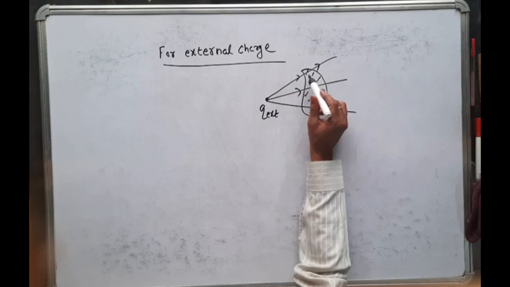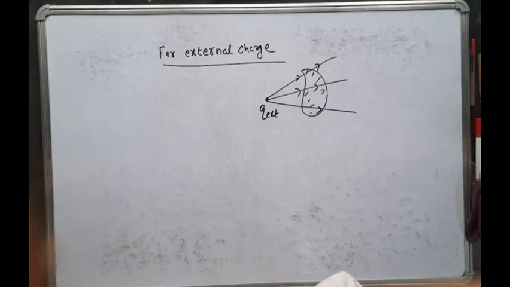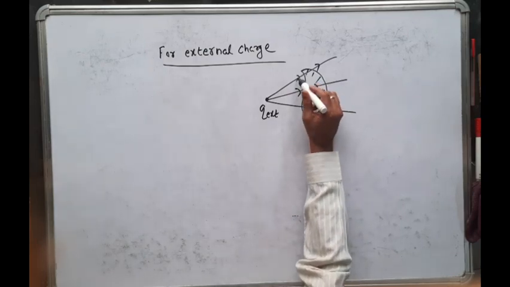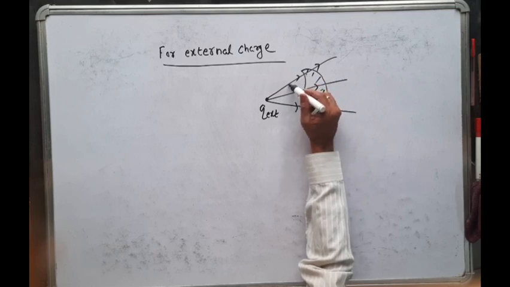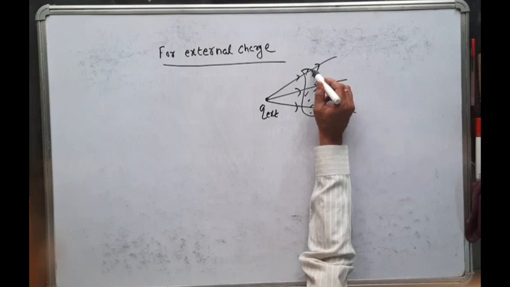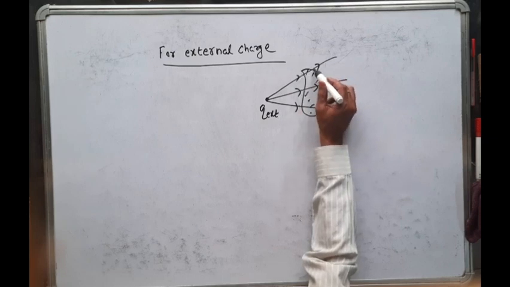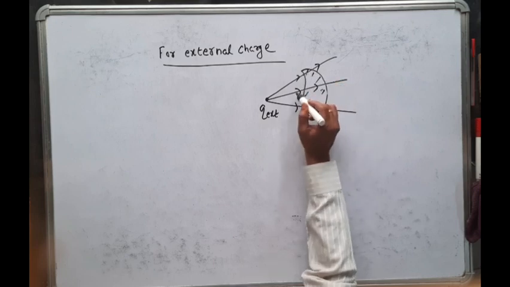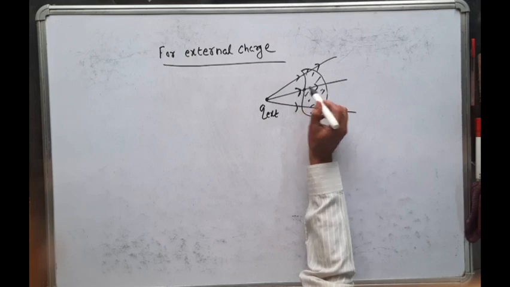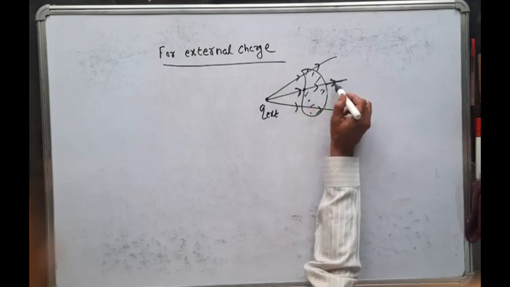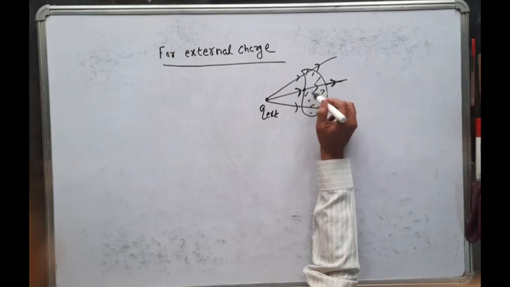Though the electric field is there inside the sphere, on this side the lines of force are entering. So at this point, these lines of force are entering, and at this point, these lines of force are leaving. If lines of force entering are taken to be positive and lines of force leaving the surface are taken to be negative, then the net lines of force is equal to 0. Here also, these lines of force are entering the surface and here the lines of force are leaving the surface, so the net is 0.